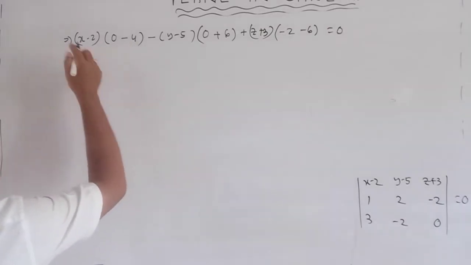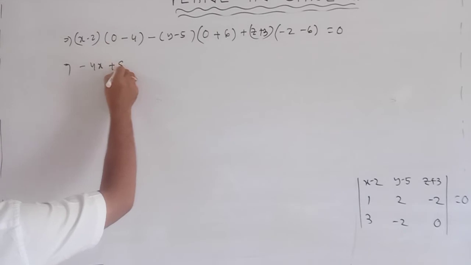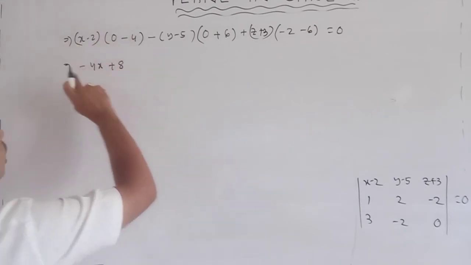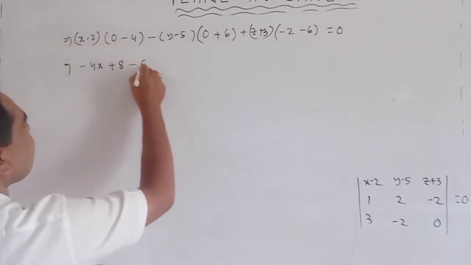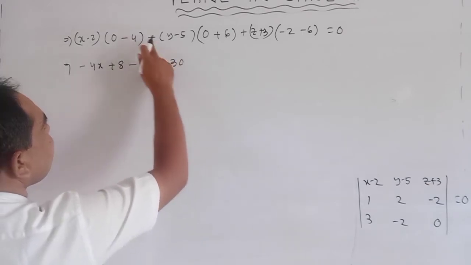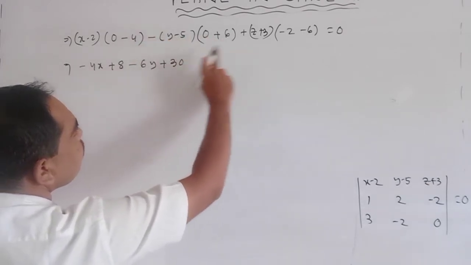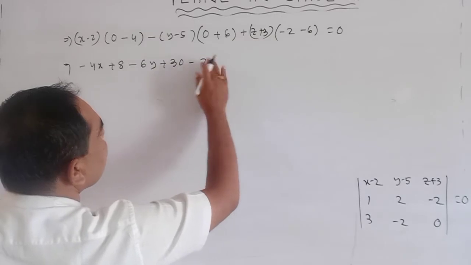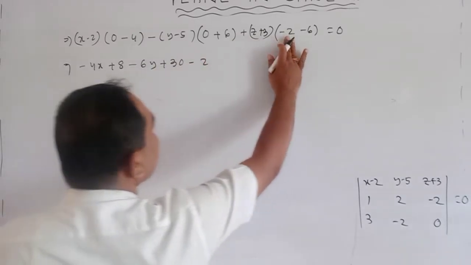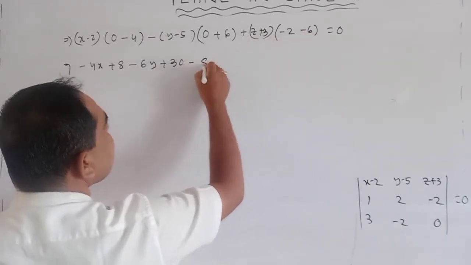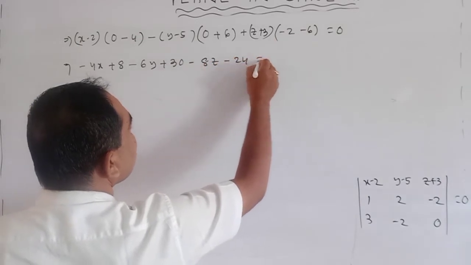This implies, multiplying, we get minus 4x plus 8, minus 6y plus 30, minus 2z minus 8z minus 24 is equal to 0.